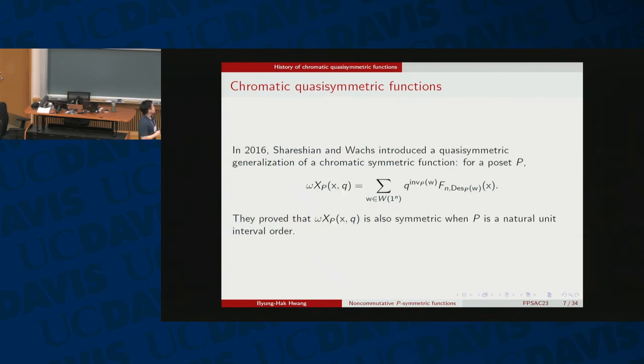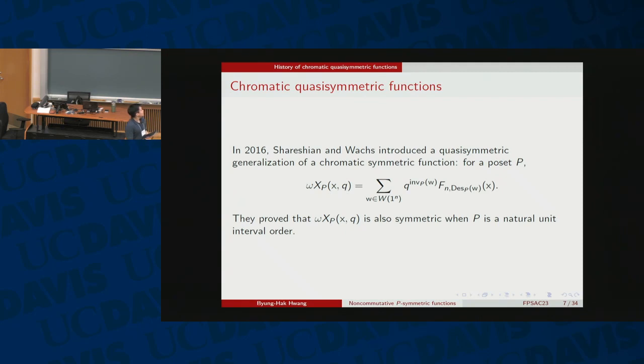After two decades, Shareshian and Wachs introduced the quasisymmetric refinement of chromatic symmetric functions. For a poset P, the chromatic quasisymmetric function is defined to be the sum of the fundamental quasisymmetric functions with q weight, q to the inversion number.